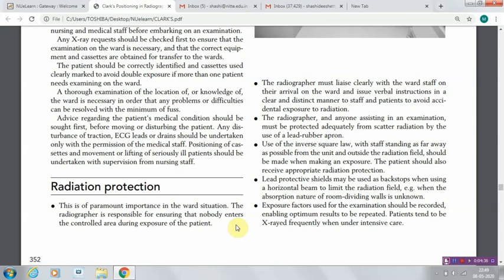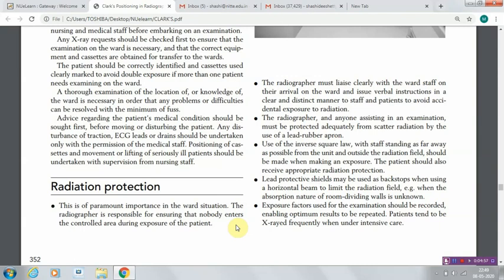Or always by yourself use the inverse square law, where you try to keep a maximum distance from the portable radiography unit. You know, all of you, when you go to the portable, you might have seen there's an exposure button on a spring-like cable.